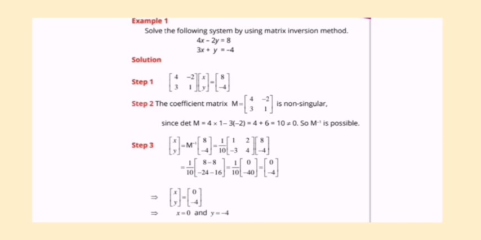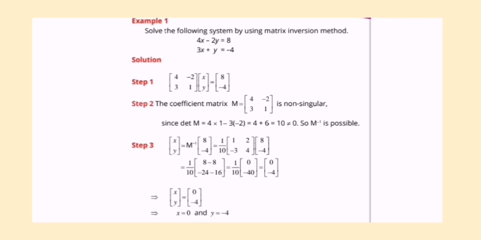Now if we divide 0 by 10 and minus 40 by 10, this gives us 0 and minus 4.